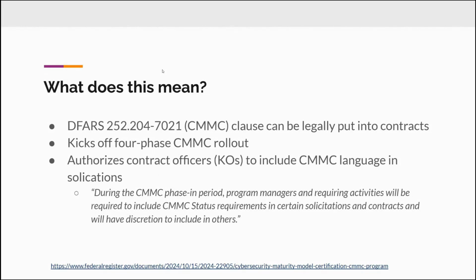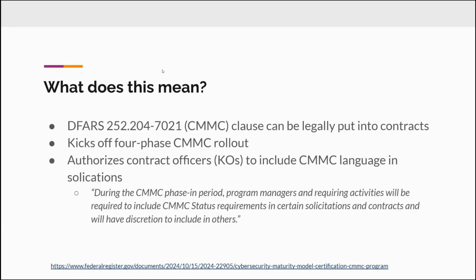There is a caveat in the 32 that authorizes contract officers to include CMMC language in solicitations. They use the language will have discretion. So during the CMMC phasing period, program managers and requiring activities will be required to include CMMC status requirements in certain, as a keyword, certain solicitations and contracts, and will have discretion to include in others.